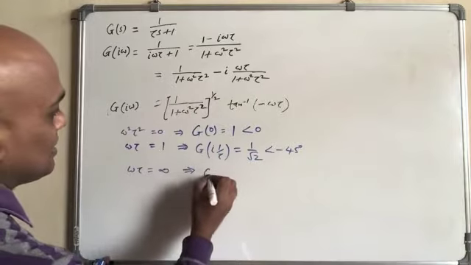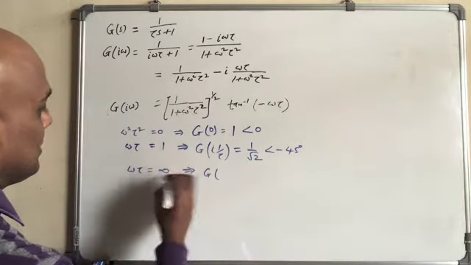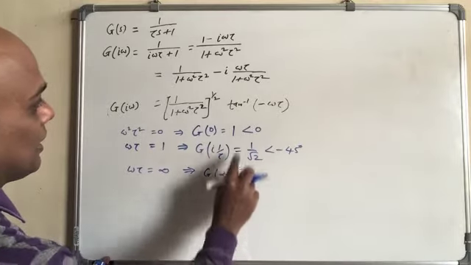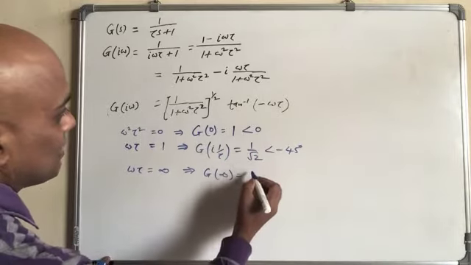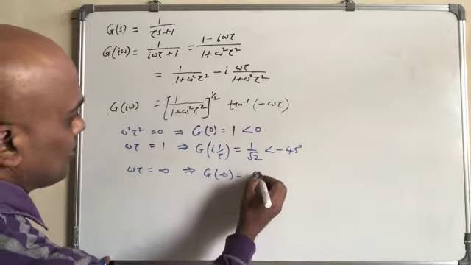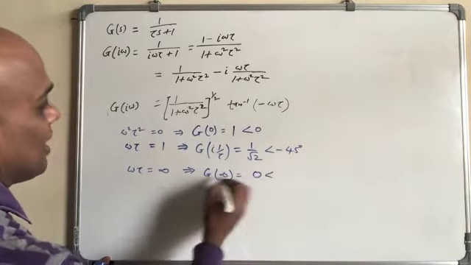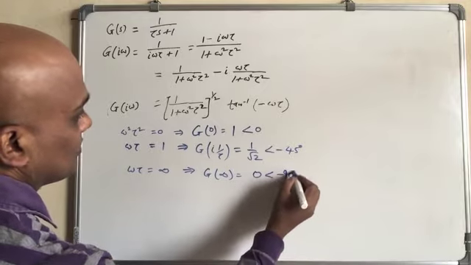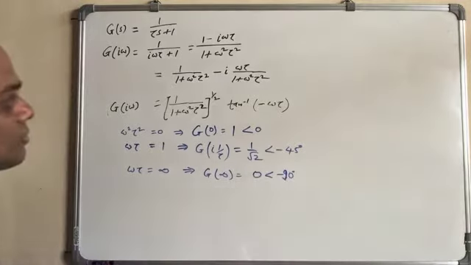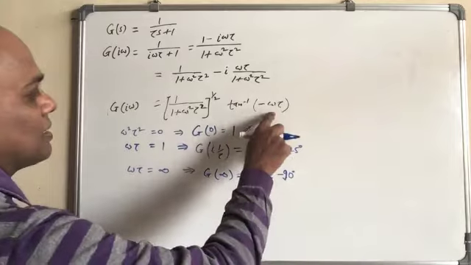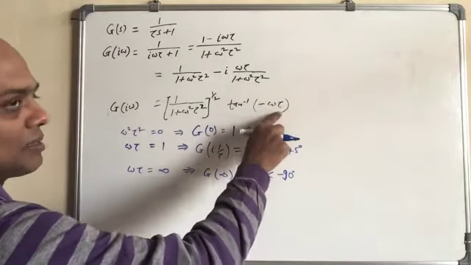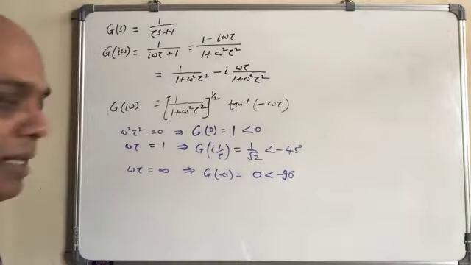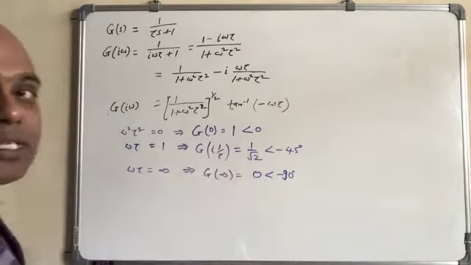So we get G(infinity) equal to simply 0, and the angle we know is minus 90 degrees, since tan inverse of minus infinity gives minus 90 degrees. So this is how we have got some of the points.